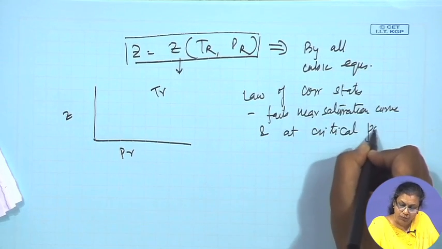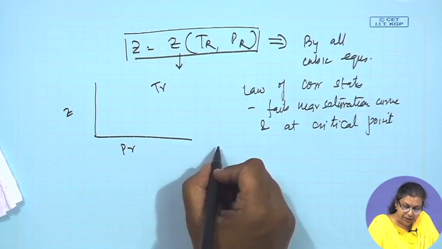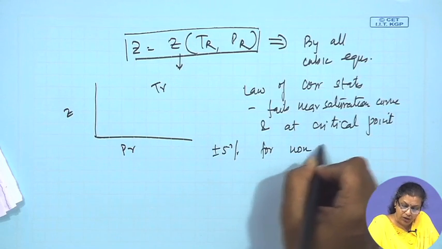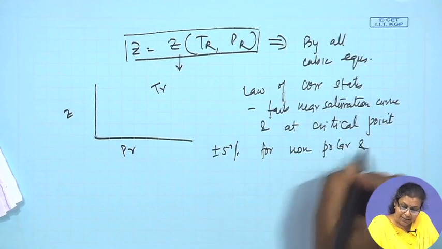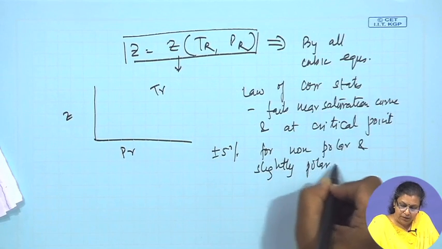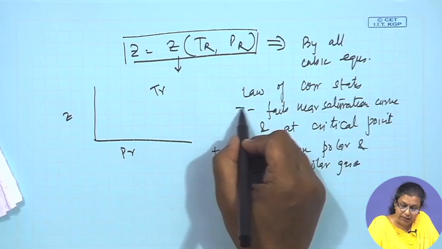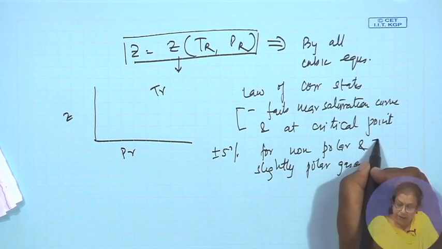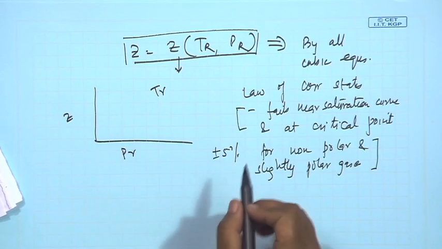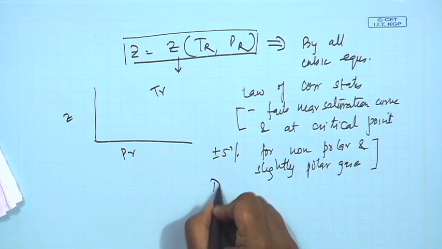Apart from these two places, more or less we find that the predictions are within plus minus 5% for non-polar and slightly polar gases. Other than these two conditions, the law of corresponding states holds within plus minus 5% for non-polar and slightly polar gases.